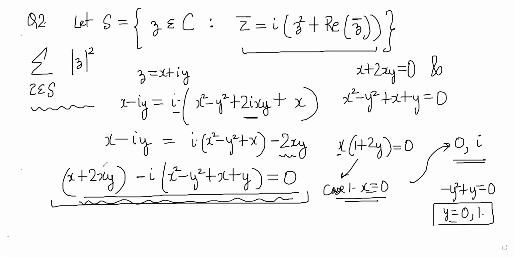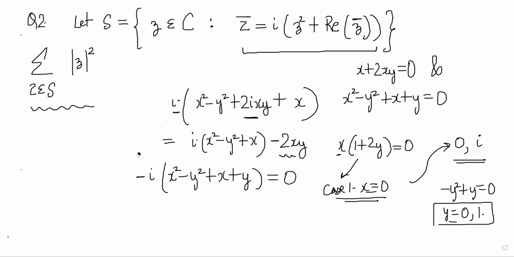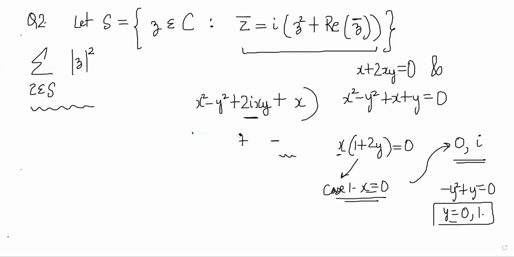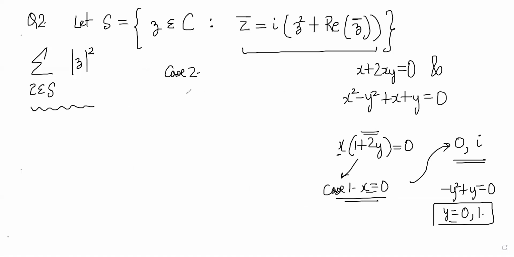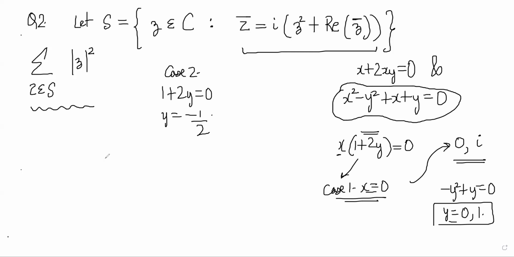Now case 2 is when x is not 0. Case 2 is when y is equal to minus half, right? I hope everyone is understanding what I'm saying. Yes, sir. Case 2 is when 1 plus 2y is 0, so y is equal to minus half, and then in that case we'll put minus half in this equation and we'll get x square minus 1/4 plus x minus half is equal to 0.